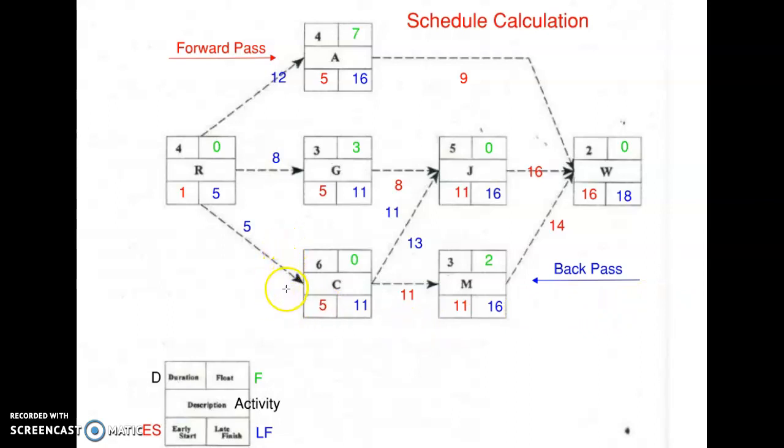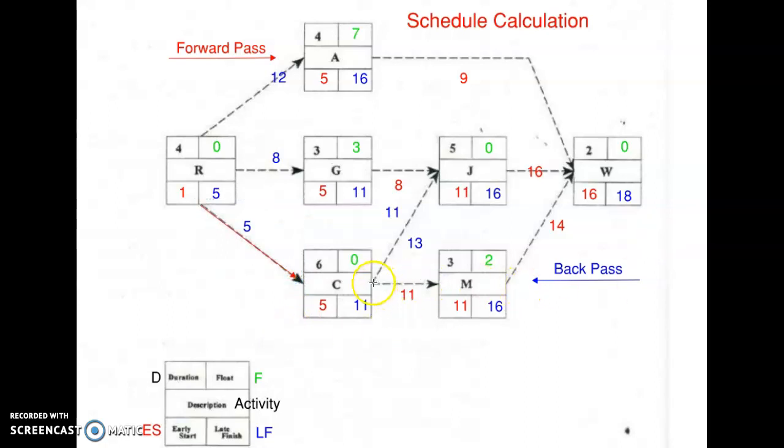So my critical path, I started the wrong way there. So my critical path starts with the first one, R, and it's basically going to follow the 0 float path. So I'm just going to draw this out.